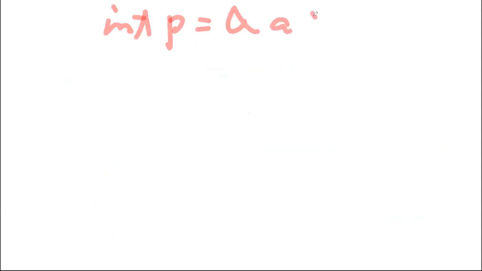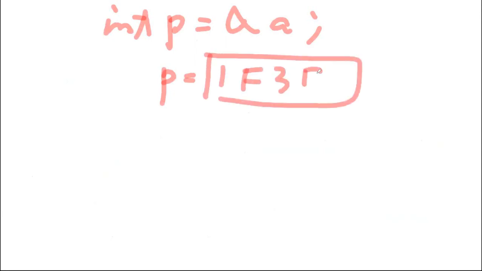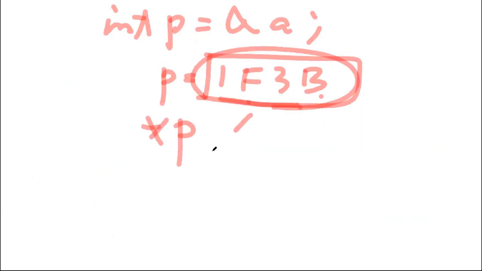Yeah. So when P is stored with 1F3B, you can print this, but if you want to print body B, no, there is no body B because it's not a pointer.